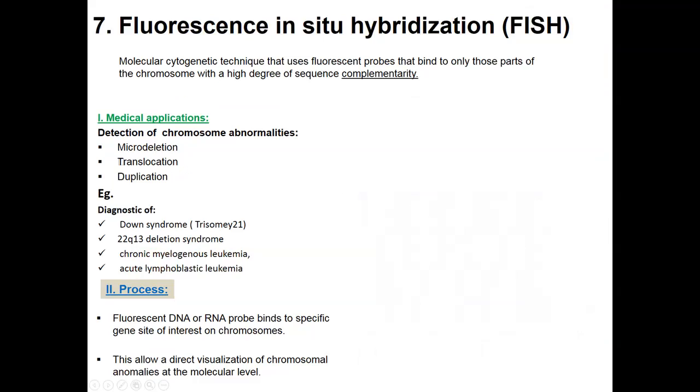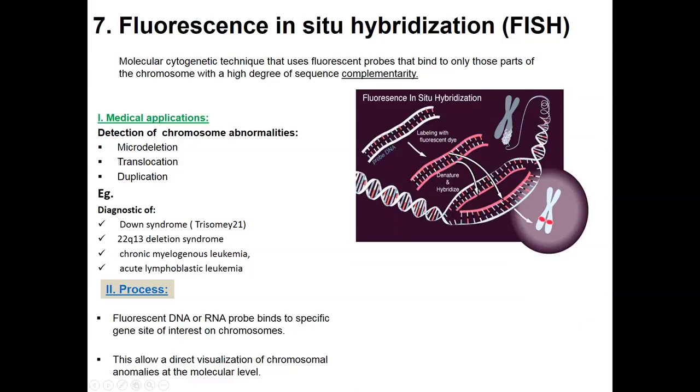Okay. The next one is FISH, Fluorescence In Situ Hybridization. This technique looks at a deletion, if the gene is deleted or amplified and so forth, okay? Now, in this case, it's similar, but in situ, you're looking inside the cell.